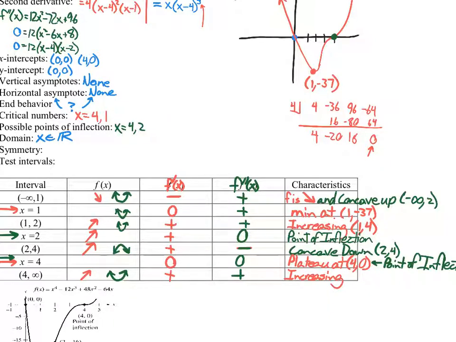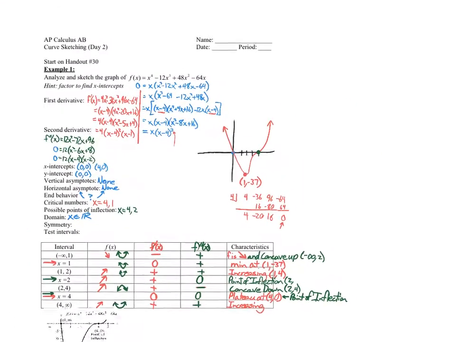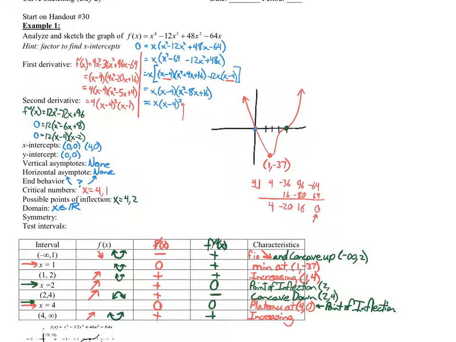And that's at the point 2, if you plug 2 into the original function, you have 16 minus 96, so that's a -80, plus 196, so that's 116 minus 128, so 116 minus 128 is a -12.